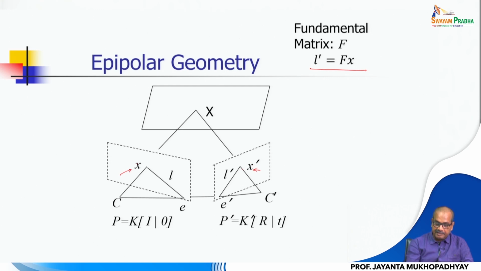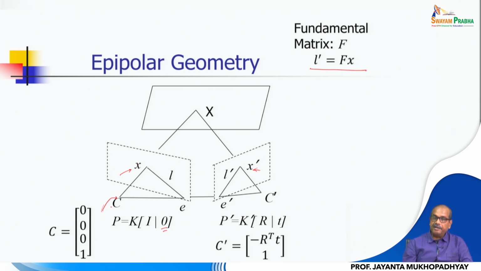Now as you know that since x prime lies on L prime, we can write. First thing, once again you note that C is given by this because of the parameter, that means the origin of the world coordinate system lies at the camera center, or it is a camera centric coordinate system. Whereas C prime can be computed if I use these expressions.